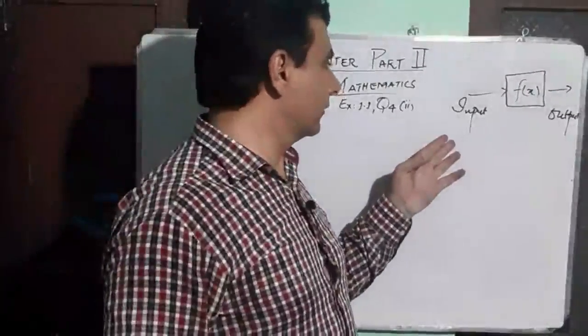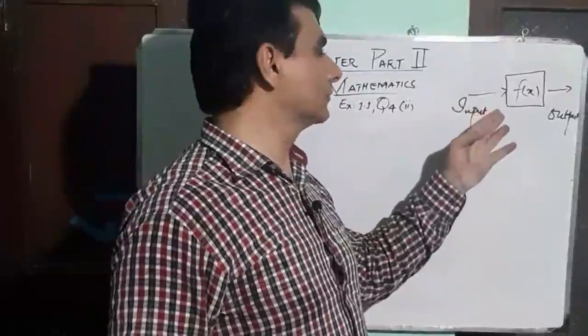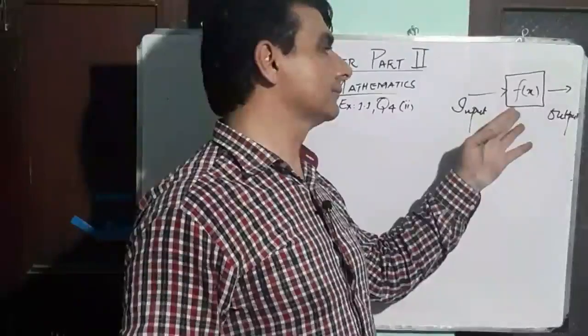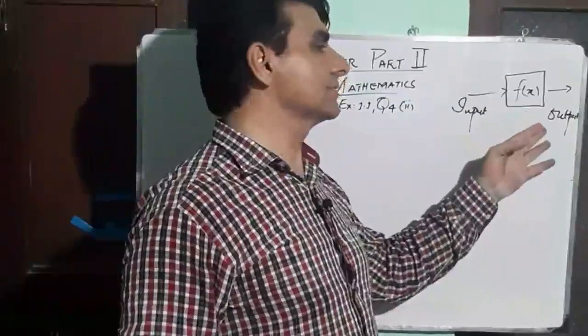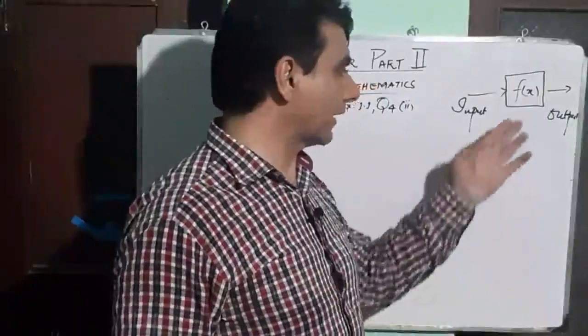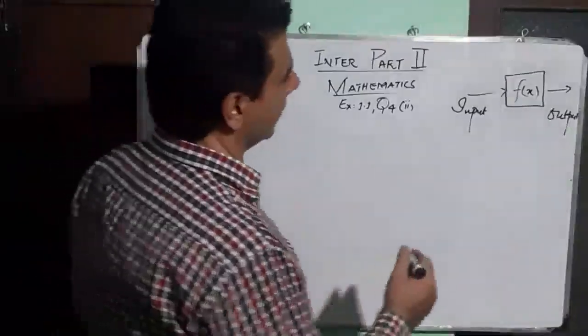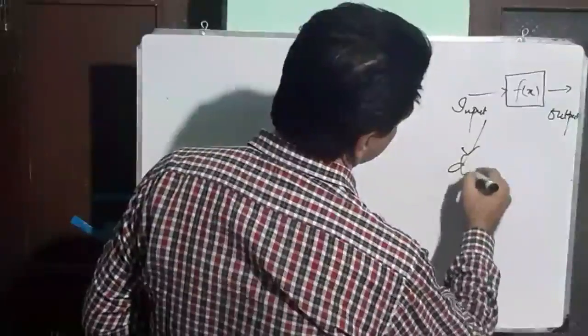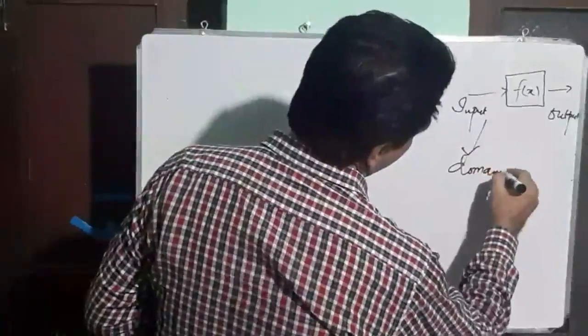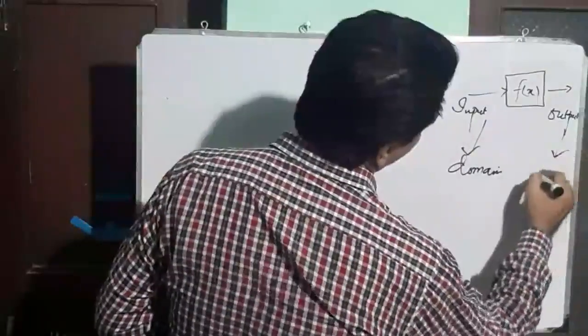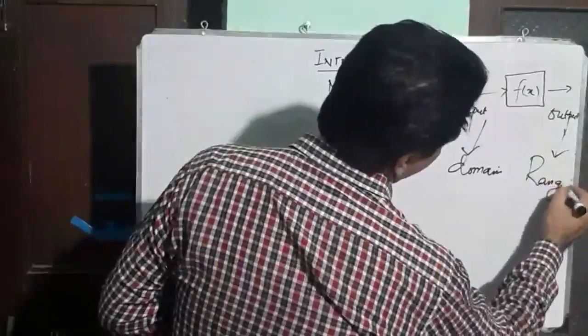If we give some values to this machine, it returns a product like output. So input is our domain and output is range.